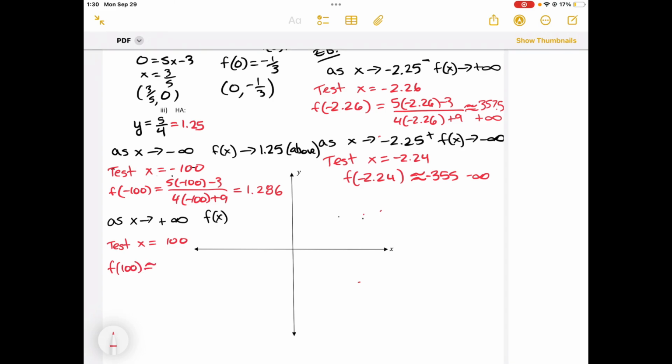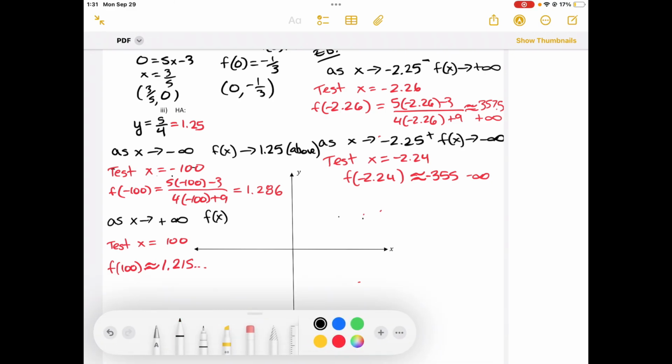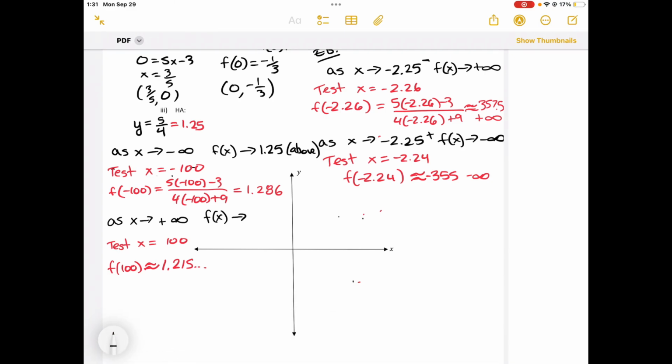When I do that, I'm going to get approximately 1.215, which is below. So now I know that my function is approaching my asymptote from below as I get up to large values of x.